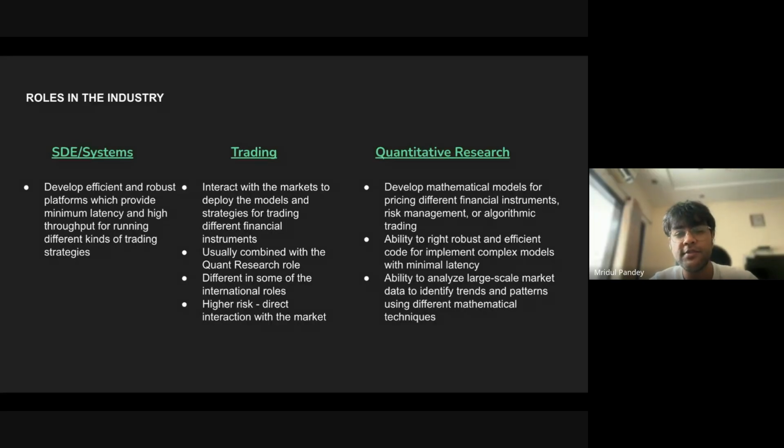Most Indian quant companies have the same role for quant research as well as trading, while foreign quants usually have different roles for quantitative research and trading. The other role is the systems role, which covers how to improve your latency and increase the throughput of your setup.